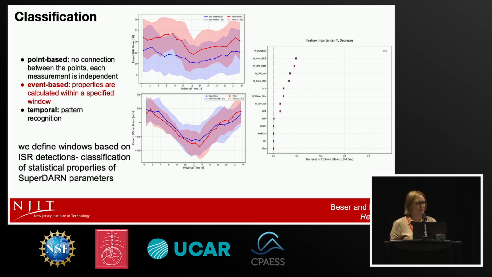So then we switched to event-based. Over each window, we calculate, for example, the mean value of the SNR or spectral width, and so on. And again, we were checking how well the labels overlap with our detection.